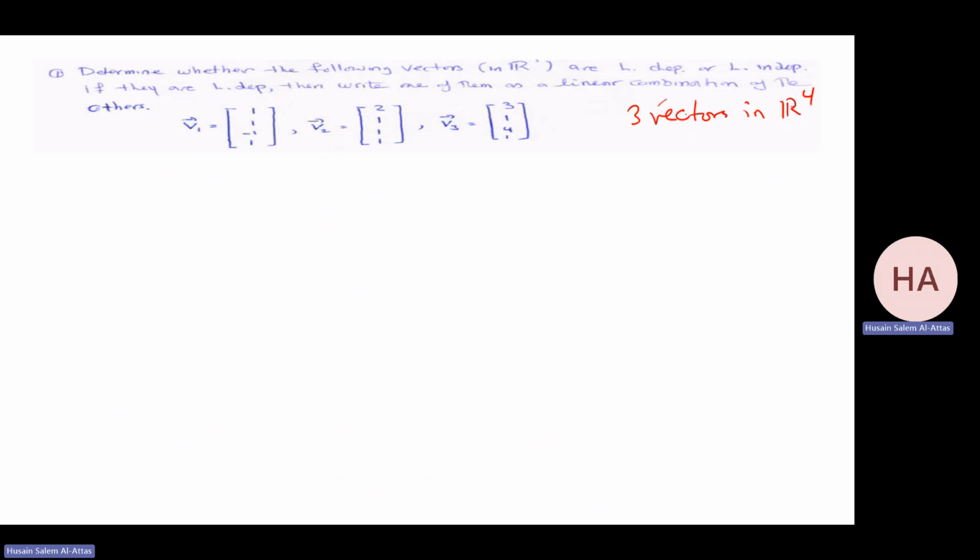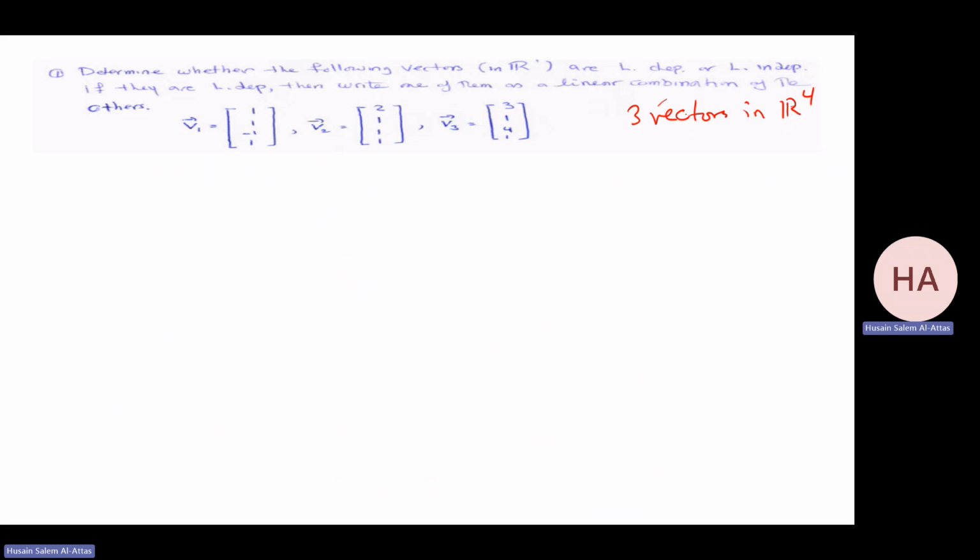So we'll check the determinant: 1, 1, minus 1, 1, 2, 1, 1, 1, 3, 1, 4, 1. Can I take a submatrix 3 by 3? Let me check, see what will happen. If it works, then okay.